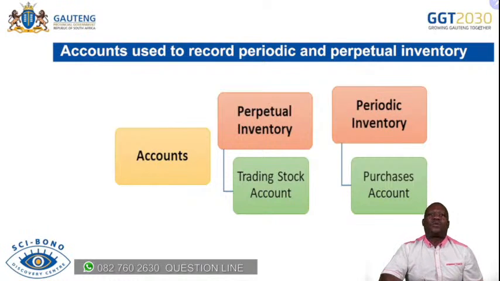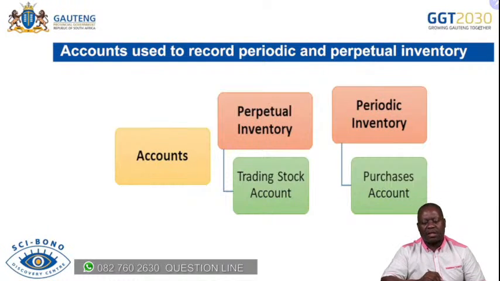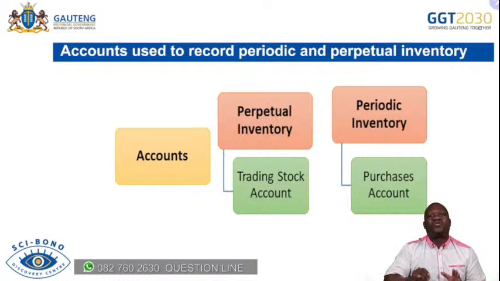Now, what about when we are dealing with the periodic inventory method? Then we are not going to have a trading stock account. There is no specific account for trading stock, but we are going to have a purchases account. In the purchases account, that's where we update any stock purchases as well as increases in stock.